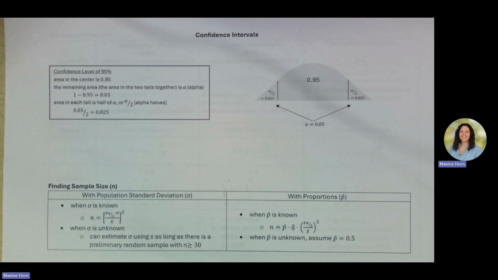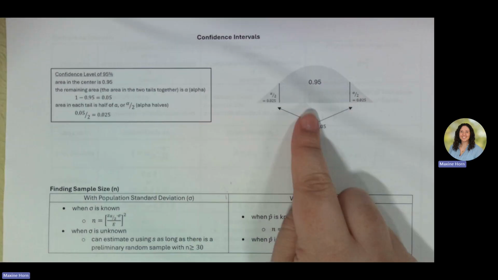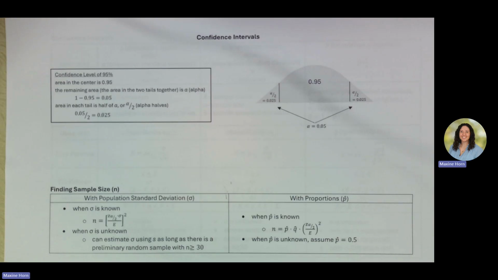So we're talking about confidence intervals in this chapter, right? So, sorry, let me get my calculator here. The first thing is when we talk about confidence levels, I just had to give one as an example. So I did a 95% confidence level. That means that the area in the center is 95%, right?